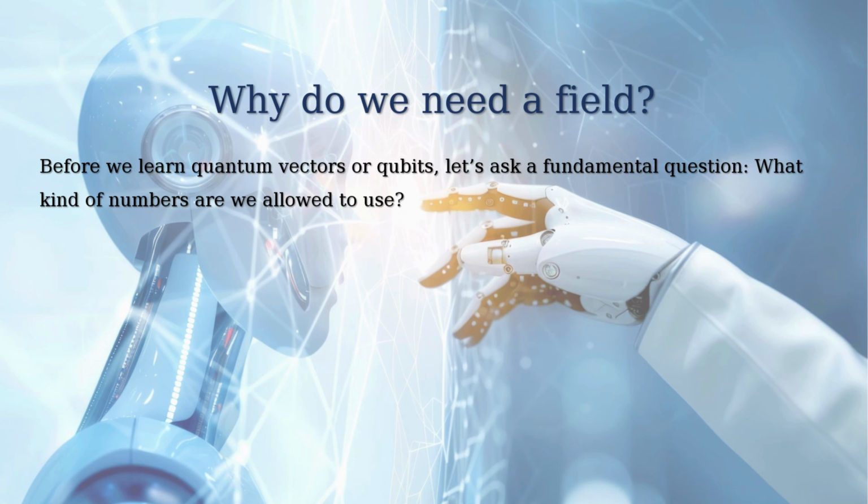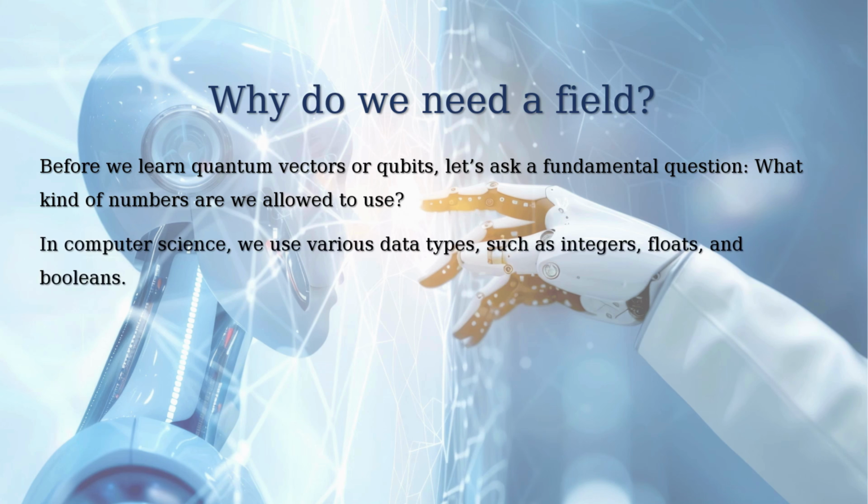Before we learn quantum vectors or qubits, let's ask a fundamental question. What kind of numbers are we allowed to use in quantum computing? In computer science, we use various data types such as integers, floats, and booleans.